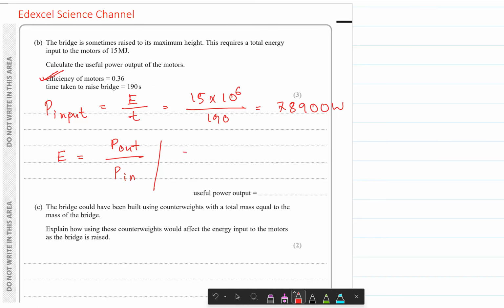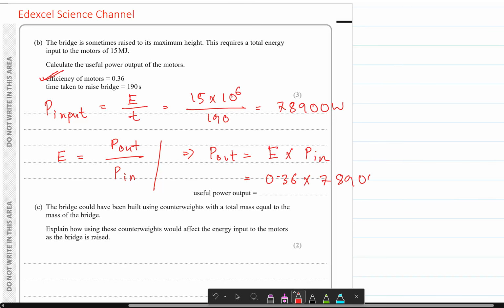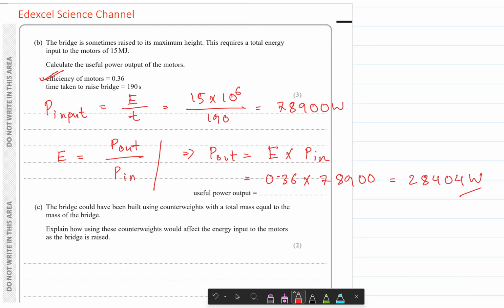So the power output should be efficiency times the total power input. Our efficiency is 0.36 and the total power that we have used is 78,900 watts. So 28,404 watts. That is our useful power output.